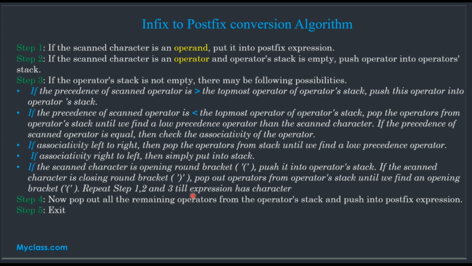Repeat steps 1, 2, 3 till the expression has characters. After scanning all the characters, step 4 is to pop out. Maybe some operators are remaining in the stack. Now pop out all the remaining operators from the operator stack and push them into the postfix expression. Exit. That is the algorithm steps. Just read it one time, and we are going to explain the concept with an example.